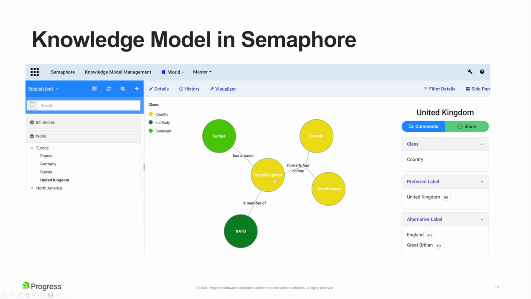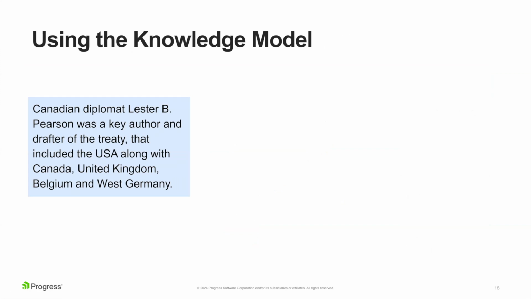So you see United Kingdom is in the center. That's what we have highlighted. We have NATO, they're a member of NATO, and they formerly had colonies in Canada and United States, and its parent or broader relationship with Europe. And then you can see over here, we have some details. The class is country, preferred label is United Kingdom. And then we have our alt labels, England and Great Britain that we talked about, our synonyms.